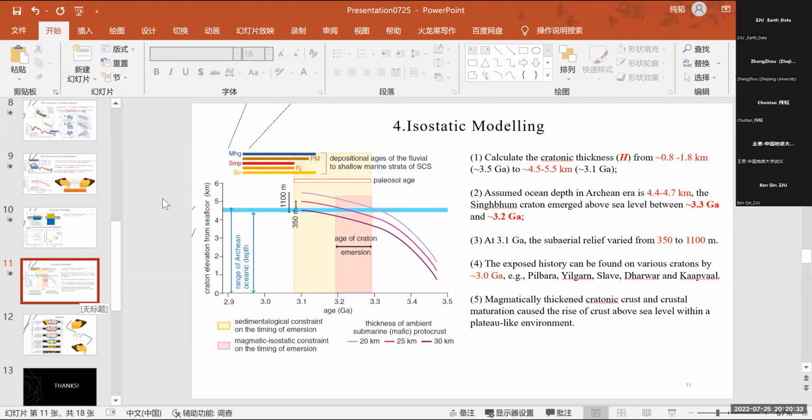So if you change the depth of the ocean, I think it will not change the modeling results too much, because the ocean is underlain by rocks, and the water, I think, will not have much influence on it.